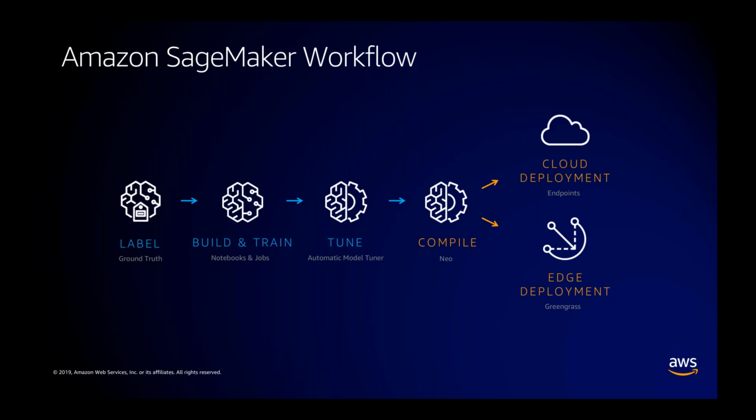And SageMaker is a really good way to go for the whole ML pipeline. So we have tools starting with labeling your data. We've got SageMaker Ground Truth for doing active learning and labeling in the most efficient way. As we saw before, we had the notebooks for building your neural network models and then doing the training, which we can do on the notebooks or in SageMaker mode and Docker containers.